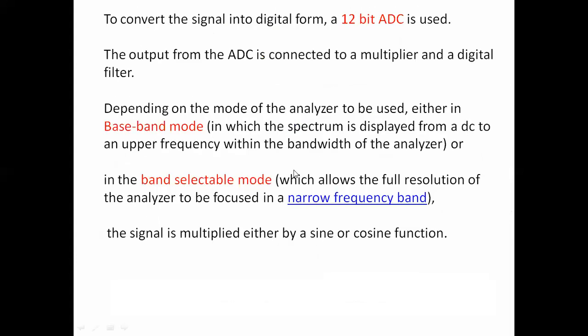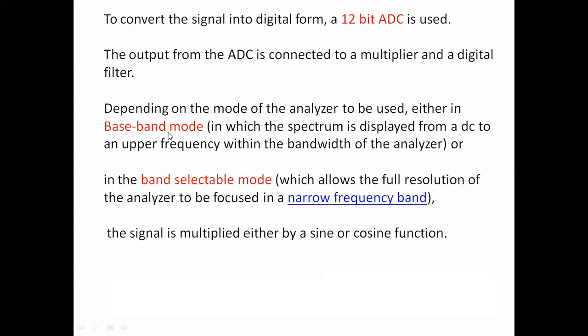So here we can operate this digital signal analyzer in two modes. The mode of the analyzer to be used depends upon the type of the mode. So here we have two types: baseband mode and band selectable mode. So two types of modes are there. So in the baseband mode, the spectrum is displayed from DC to the upper frequency within the bandwidth of the analyzer.